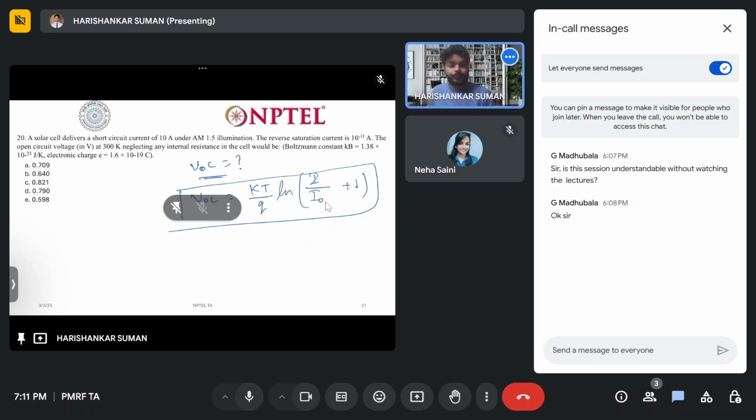So let's put the value. kT by q at room temperature, 300 Kelvin, is 0.026 volt.